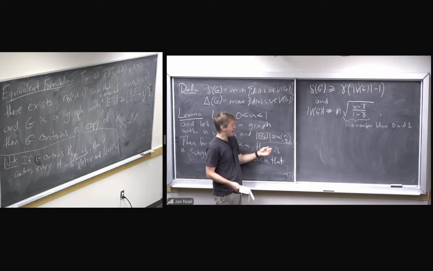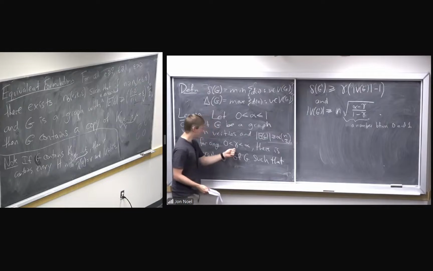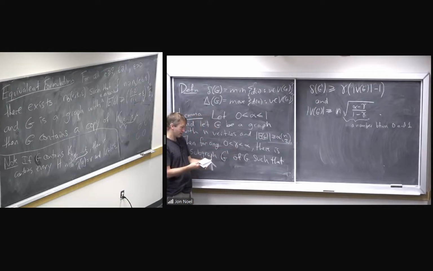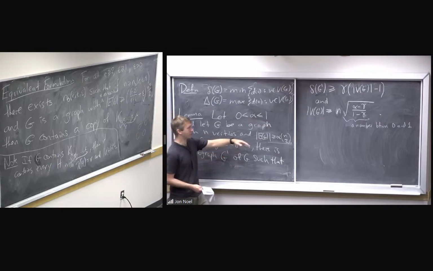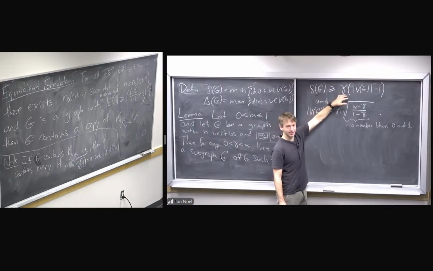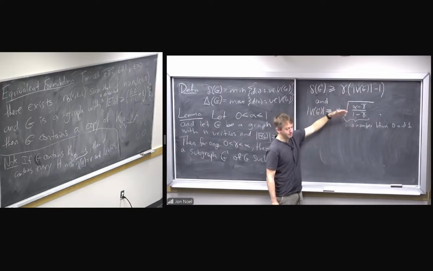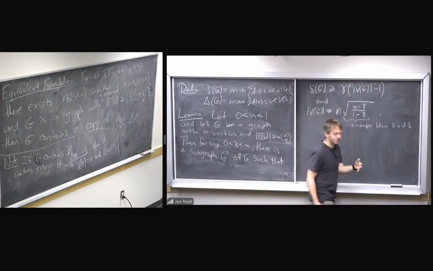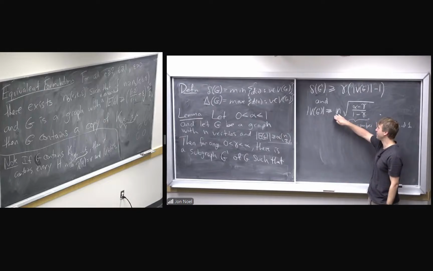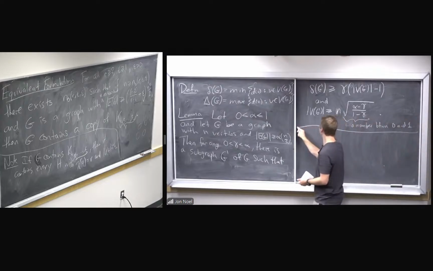I can't have that, but what I'm saying is if I relax that a little bit, by any small amount, I can find a subgraph which does have that kind of relaxed degree condition. It might have very few vertices, but it's not that few, because it's still a constant times n. Okay. So let's prove this.